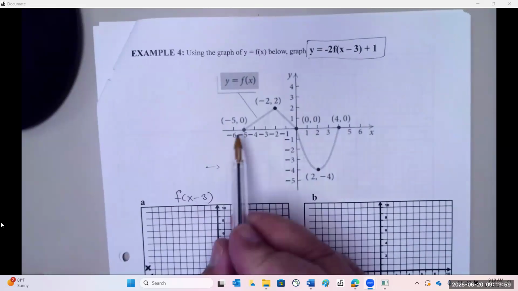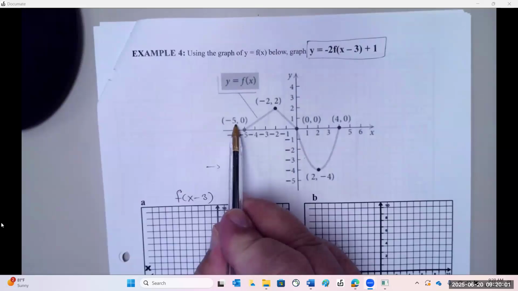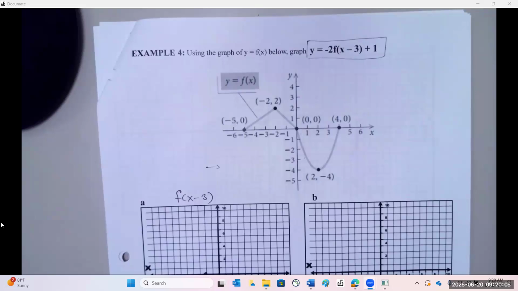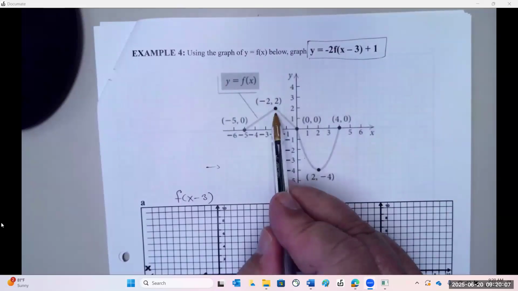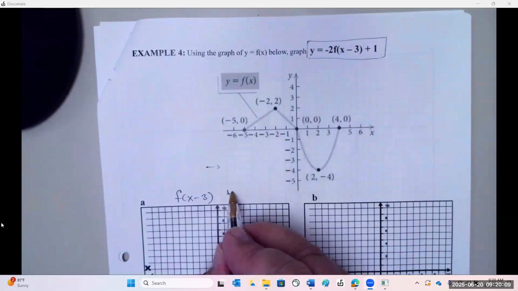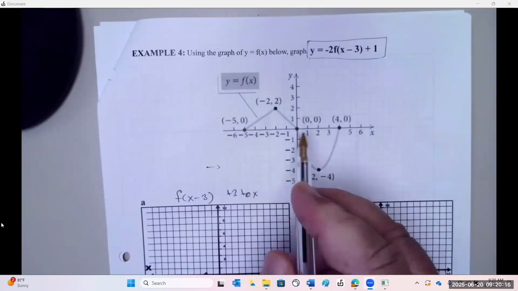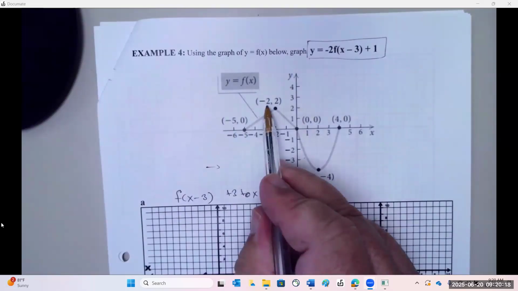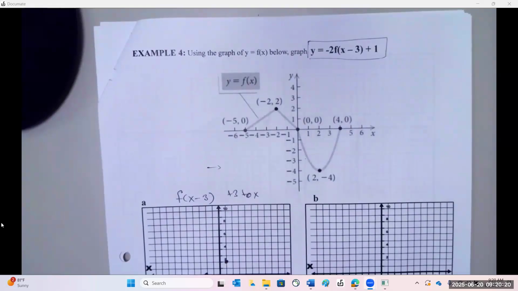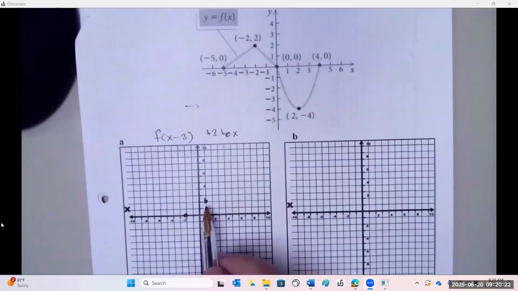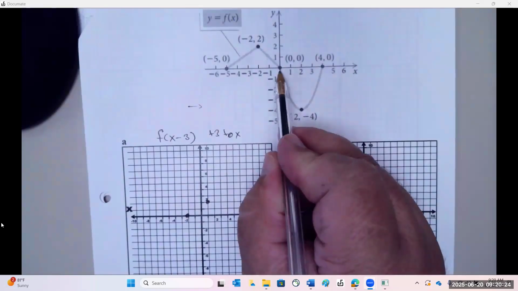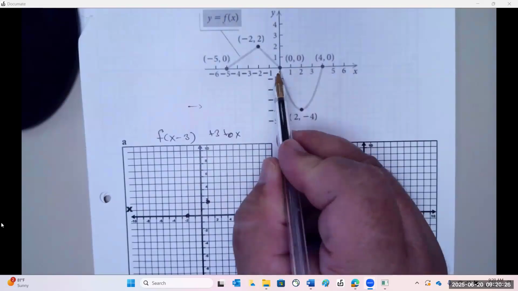So -5 plus 3 becomes -2. -2 plus 3 becomes 1. So it's at 1, 2 now. At 0, 0, it becomes 3, 0.